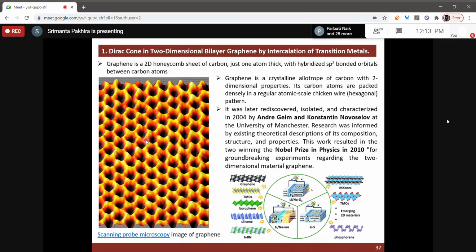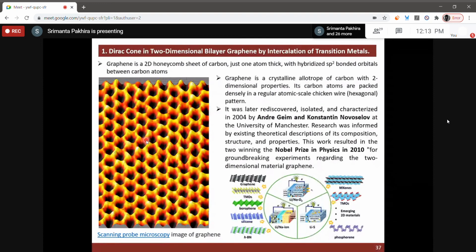So what happened after the development of this novel material called graphene? Graphene physics and graphene materials developed exponentially, and the Nobel Prize was given in 2010 for groundbreaking experiments regarding the two-dimensional material graphene.